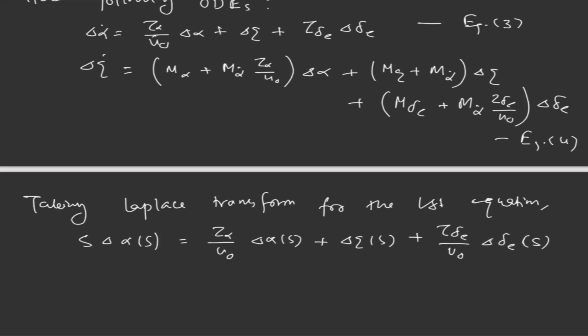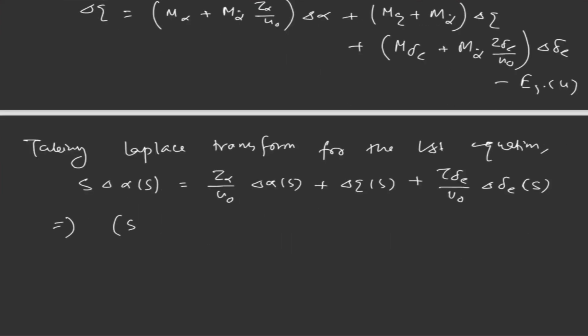And from this equation, we can further write: s minus Z alpha by u naught times delta alpha(s) minus delta q(s) equal to Z delta E by u naught times delta E(s).